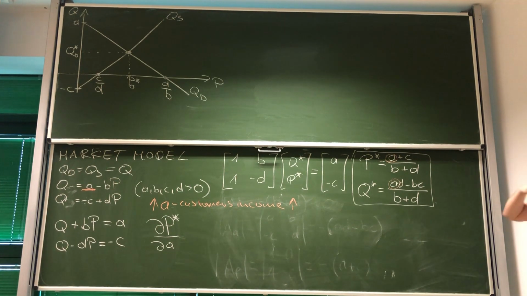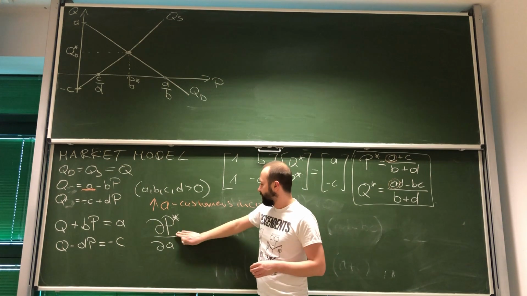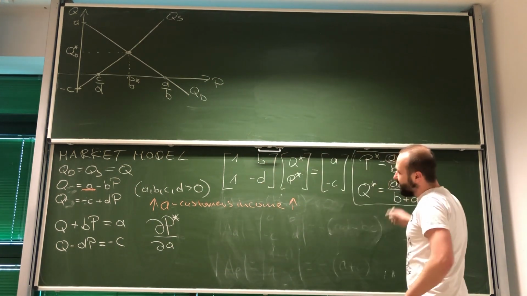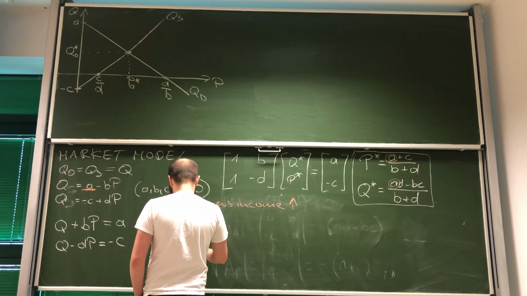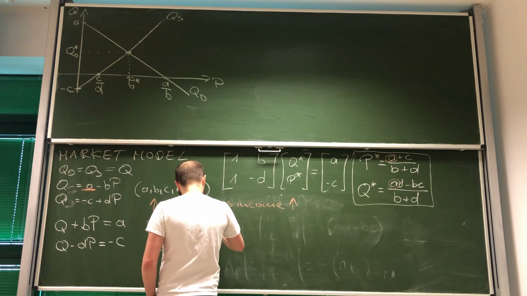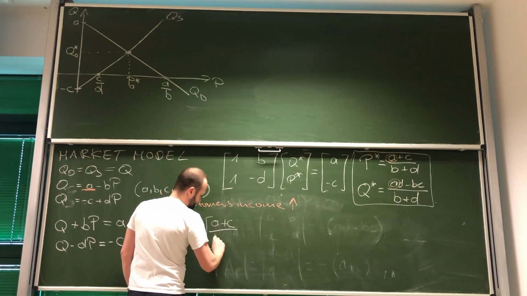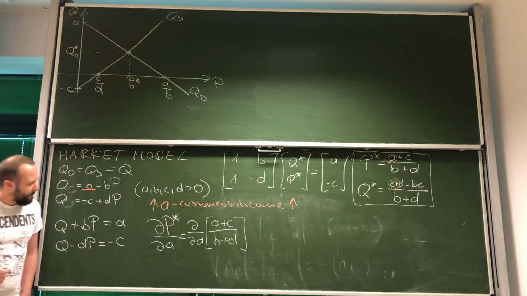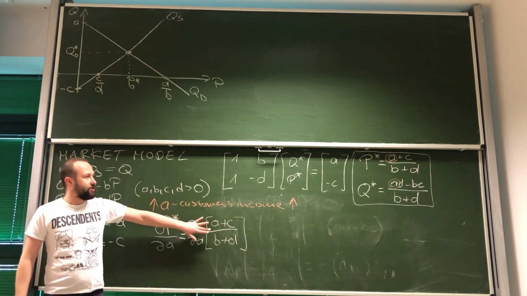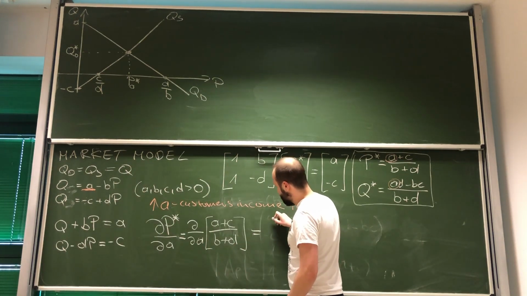But of course, because I can calculate it for any point, I will get more general tendency from this result. Okay, so what do I need to do? Look, I need to calculate partial derivative of this expression, right? But look, this is a fraction, right? So I can easily divide it into two parts.